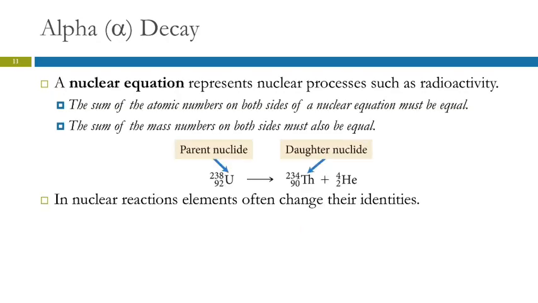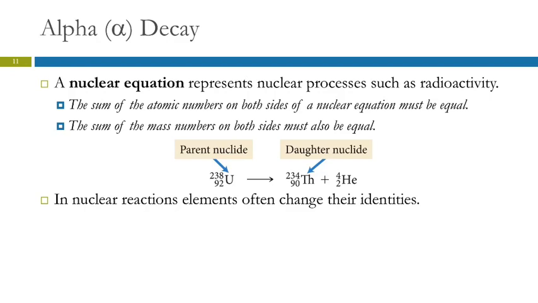We can write nuclear equations that represent the nuclear processes that happen in decay, such as radioactivity. So these are a little bit different than regular chemical equations. We're going to see the nuclear symbols, and we are looking here not at the number of uraniums being the same on both sides, because this is nuclear chemistry. And in nuclear chemistry, one element can change into another element.